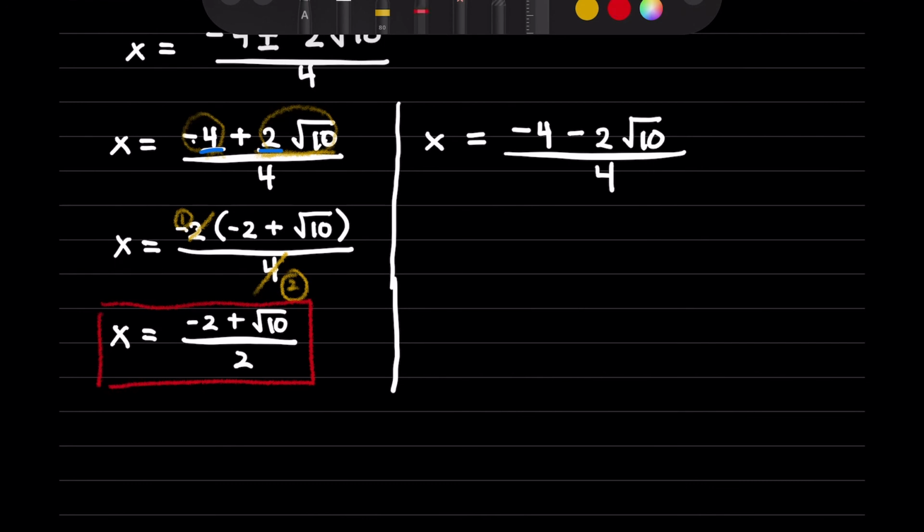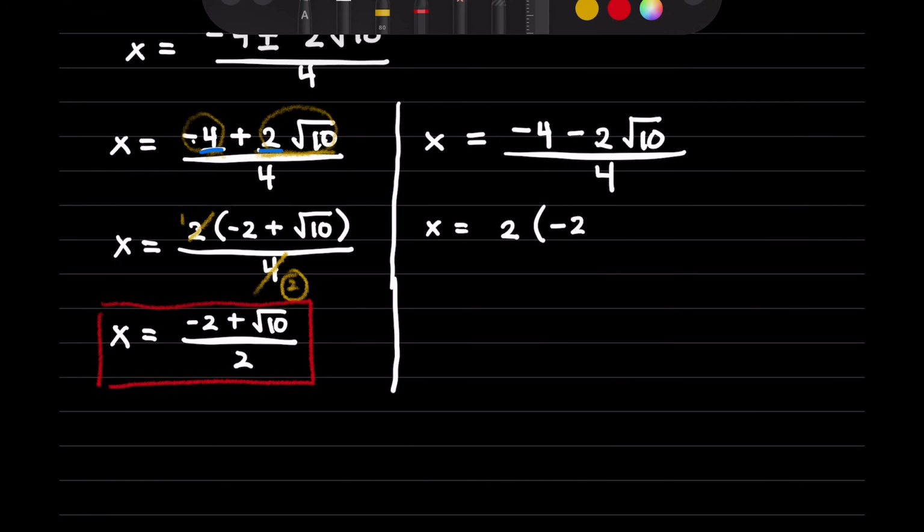So, kung anong ginawa natin dito sa side na to, same lang dito. So, factor out lang natin ng 2. Oops, baka kala nyo that is negative, so hindi negative. So, we have negative 4 divided by 2, that is negative 2.